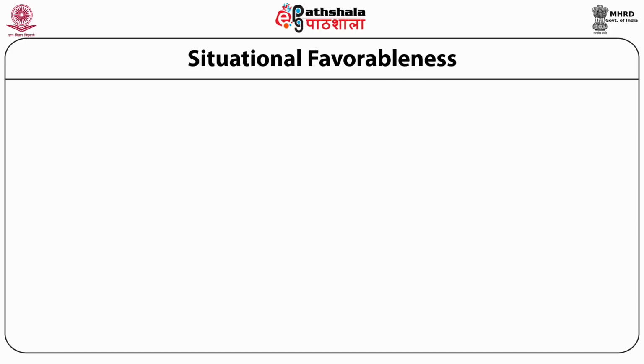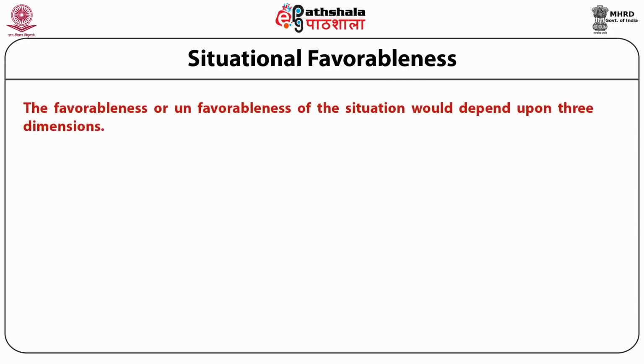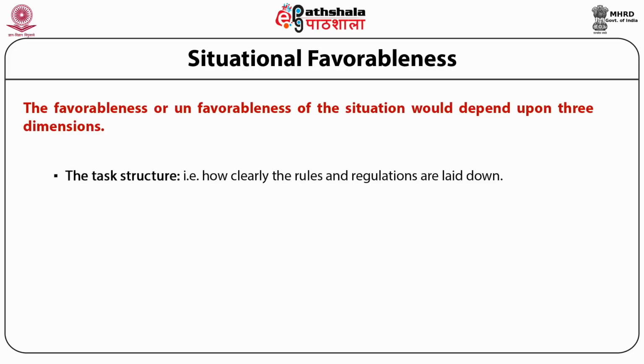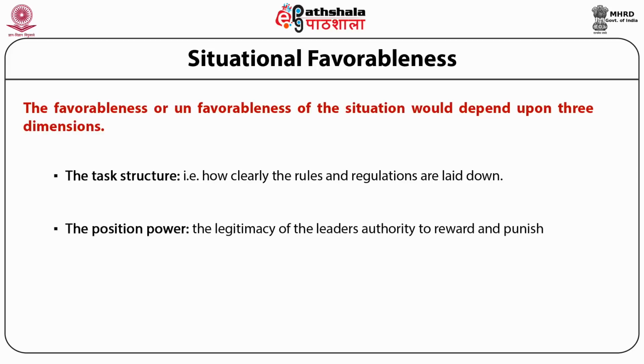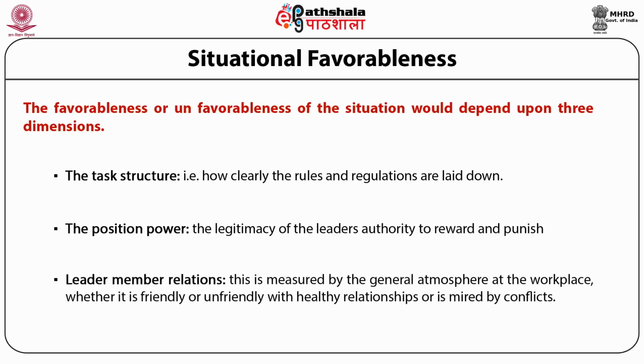Situational favorableness. Now, the favorableness or unfavorableness of the situation would depend upon three dimensions: the task structure, that is, how clearly the rules and regulations are laid down; the position power, the legitimacy of the leader's authority to reward and punish; and leader-member relations.